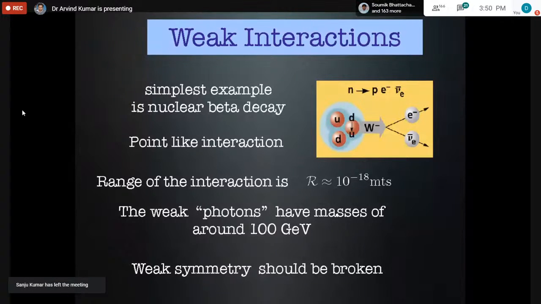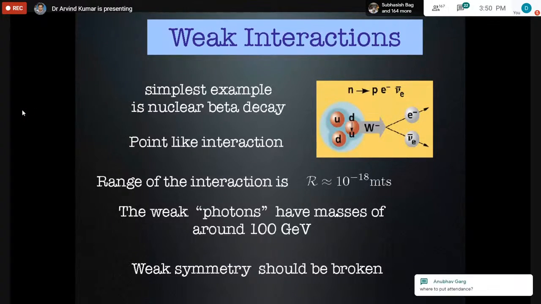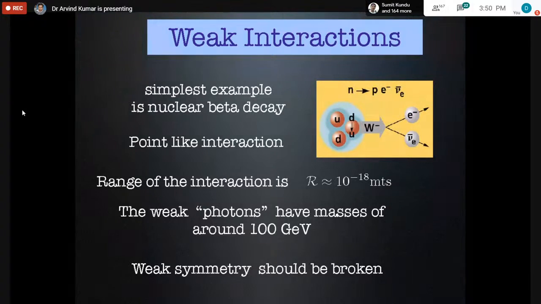Then you can ask the question, what symmetry is broken? What is the conserved quantity? Because we have said that as long as the symmetry is conserved, there will be a conserved quantity. If the symmetry is broken, then there is no conserved quantity. Then this interaction will not have any understanding in terms of conserved quantities, and then we are lost, sort of. Now, there is a way out of this, and I think Rohini also mentioned this this morning. The next slide.